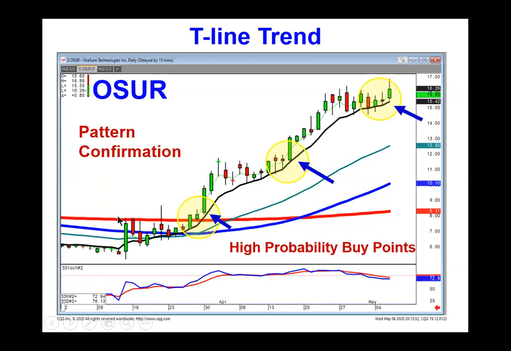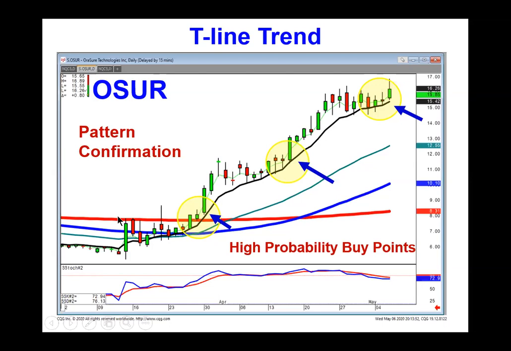Now note what was happening right here. Again, this is the perfect illustration of every time they pulled this price back on a daily basis, what was acting as support? The T line, which once again, nobody has on their chart. It acts like that natural support and resistance level. So how long do you hold this?